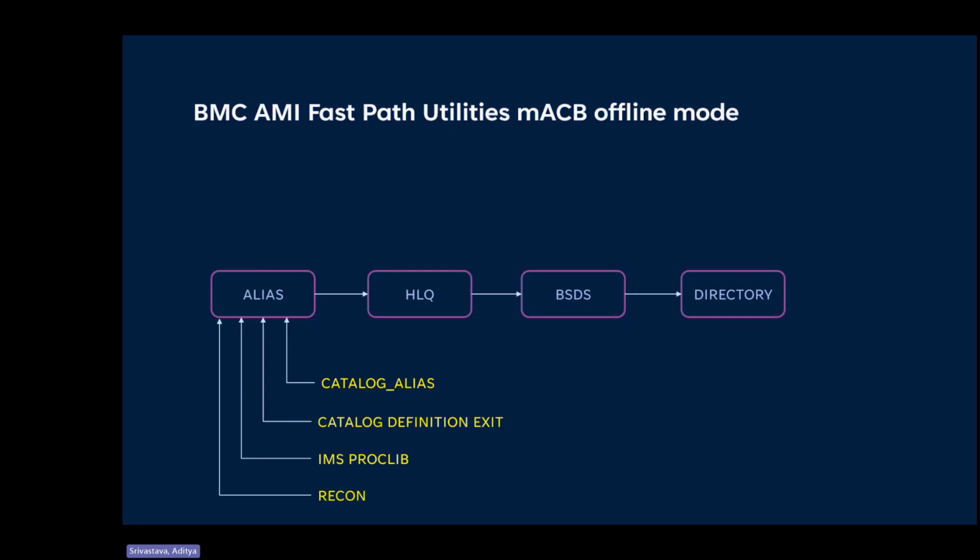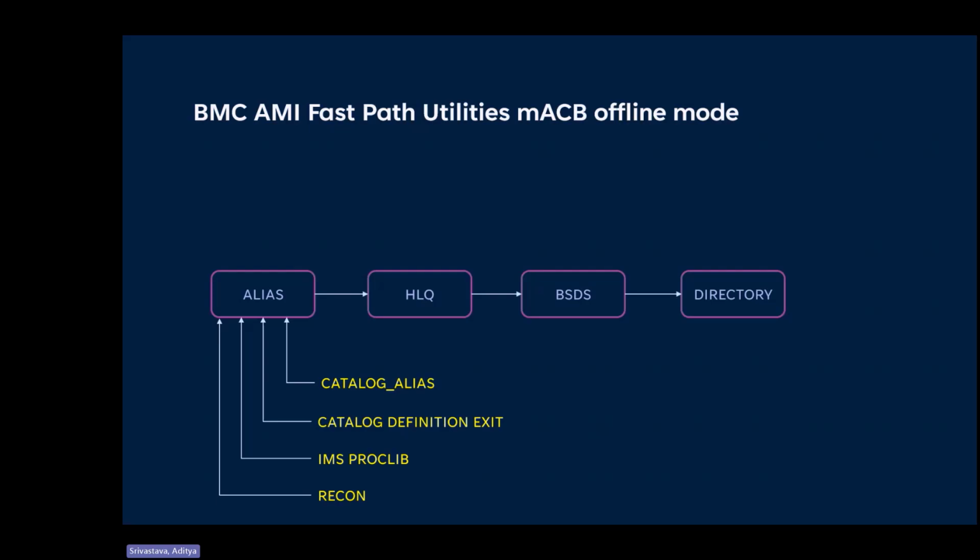And if I'm providing none of them, then the last option is that it will try to search in the RECON. Since I don't know the specific alias name, the default alias name which will be searched in the RECON will be DFSC, right? And once we have the alias name, we'll get the HLQ from there, and we'll move ahead to get the BSDS bootstrap dataset name, and then we identify the directory.